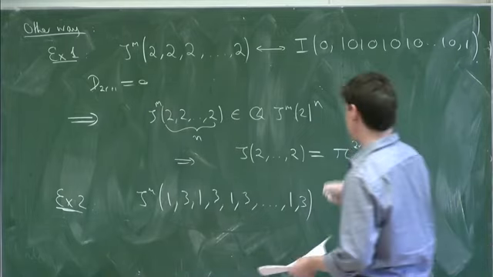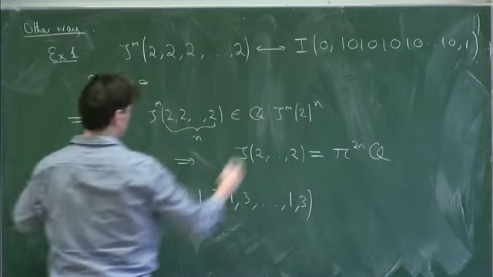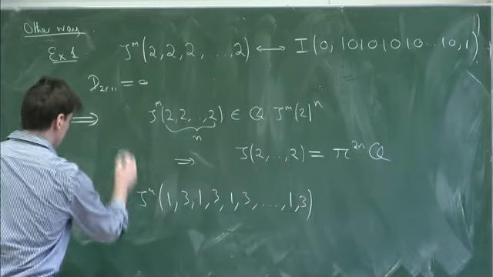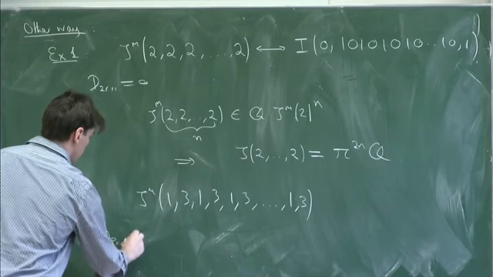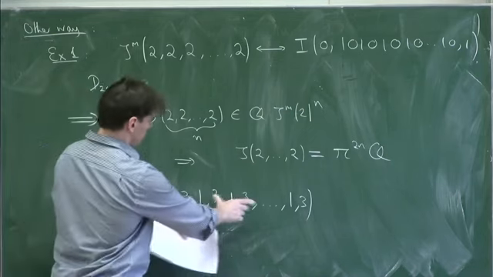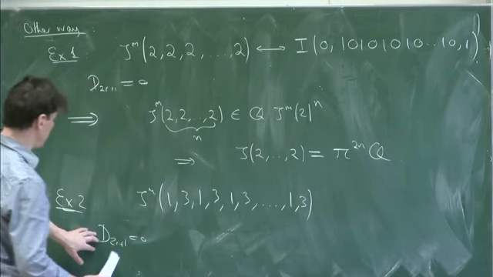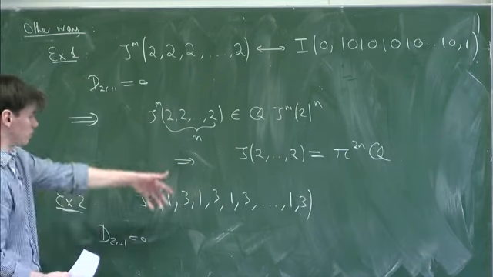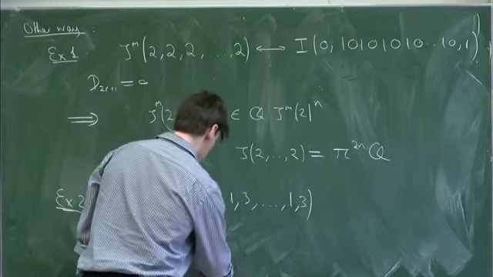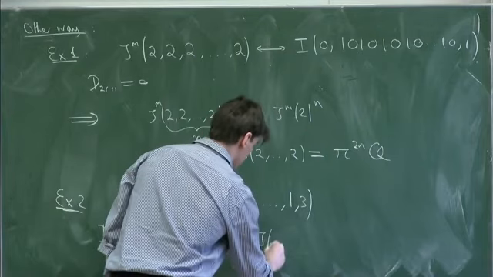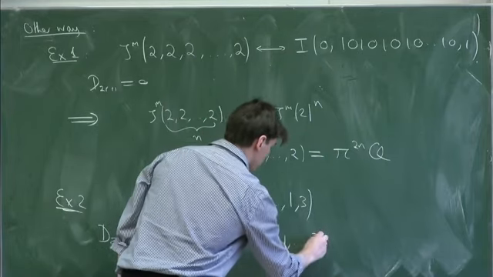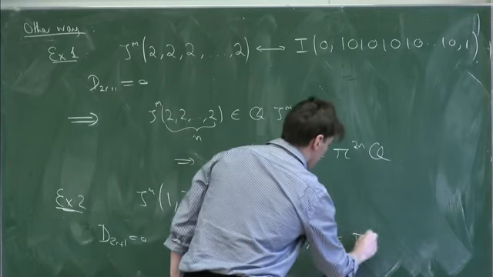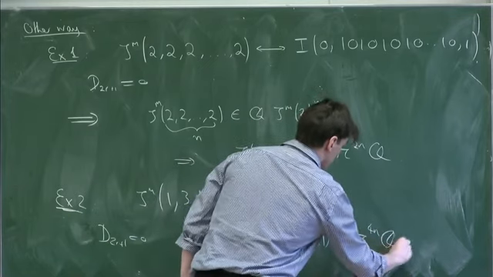But I leave it as an exercise to do the same calculation Galois theoretically, and you check that because of the combinatorics of 1s and 3s, there's no way that these operators act nontrivially on that. And so you get, for free, without doing any work, that this is a power of pi times some rational.